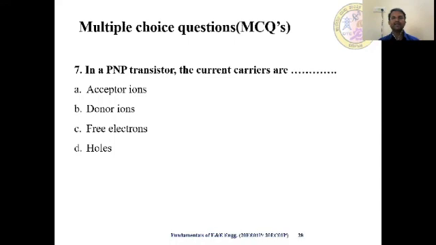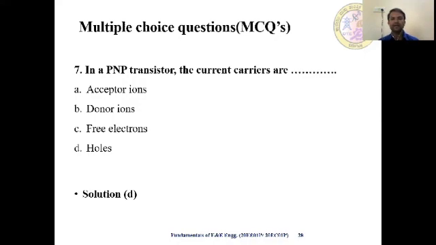In a PNP transistor, the current carriers are acceptor ions, donor ions, free electrons, holes. And the correct option is D. The majority current carriers in a PNP transistor, because there are two P-type semiconductors, obviously the majority charge carriers will be holes.